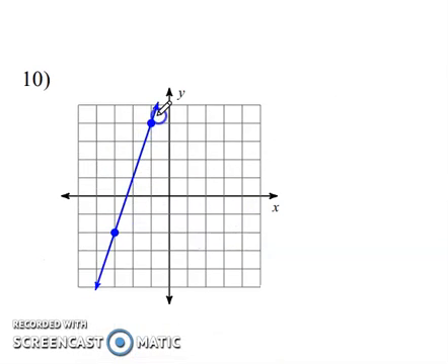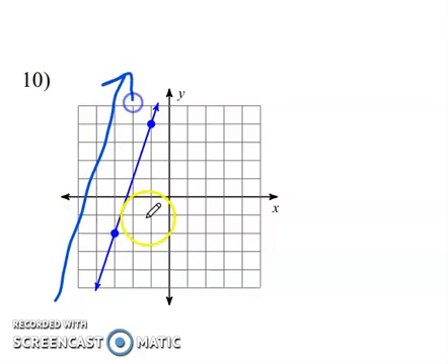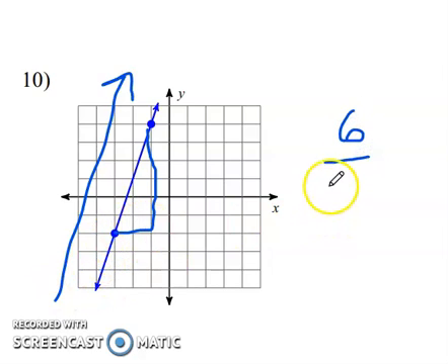We have a positive slope because my line is going up. I'm going to connect. And I'm going to count 1, 2, 3, 4, 5, 6, up 6, and over 1, 2, over 3. So 6 divided by 2 is 3.